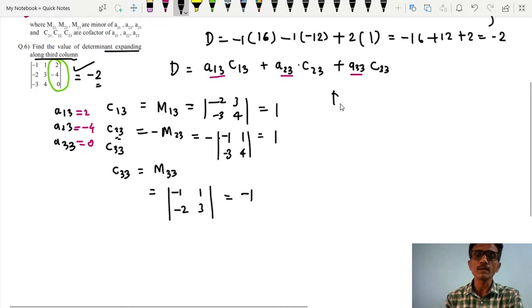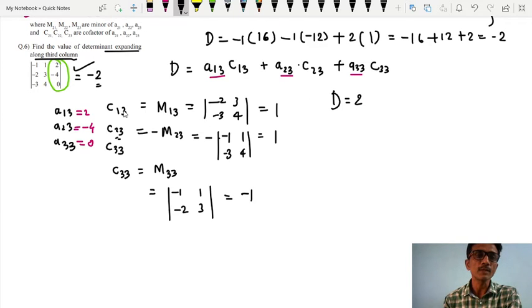So this determinant D is equal to what? A13 is 2, and what is C13? It is 1, so 2 into 1. A23 is minus 4, and what is C23?